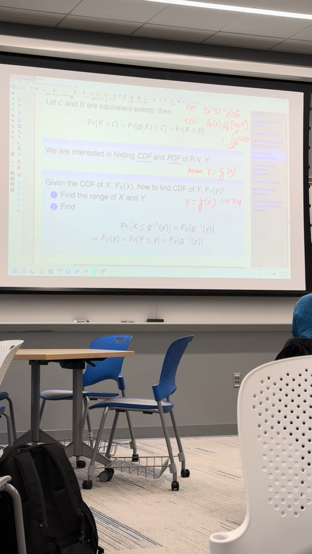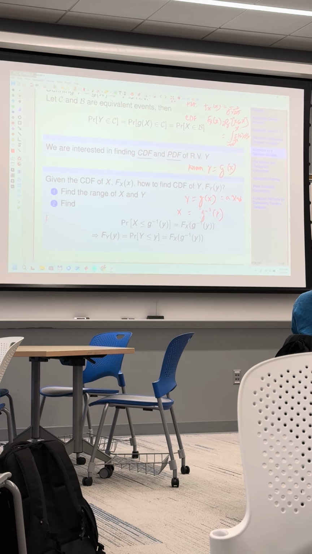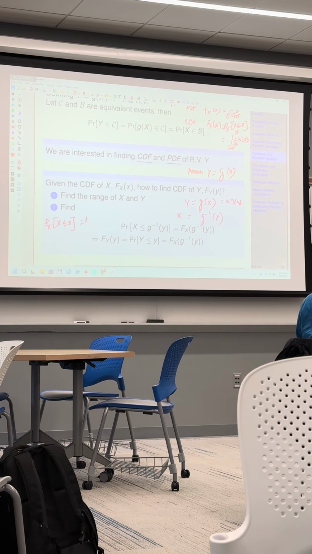So once you have that, you can find x, which is basically g inverse of y, which is going to be a function of y. So you find it in the form of the probability that x is less than or equal to g inverse of y. And we know that the probability of X less than or equal to x is basically F sub x, which is the CDF, and this argument is right here.